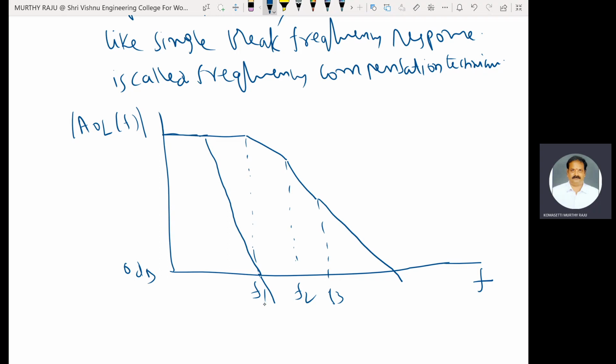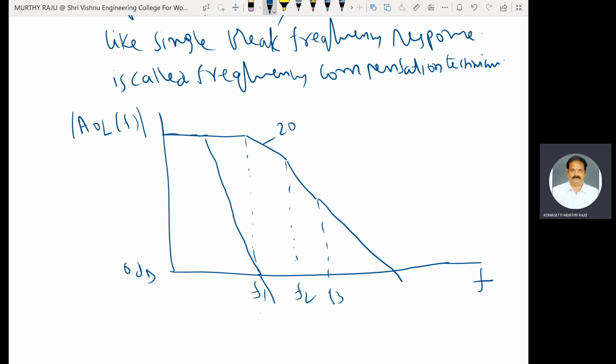Here in the figure, consider F1, which is one of the break frequencies of the uncompensated system.